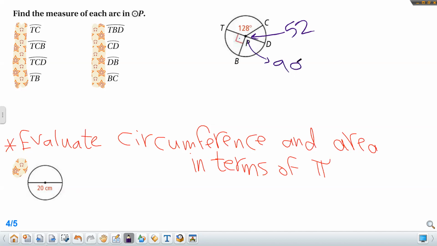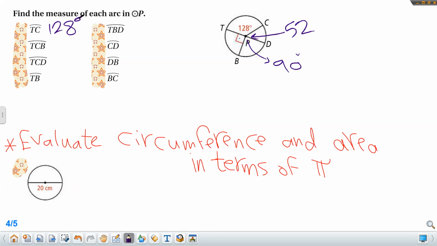Don't forget, the measure of an arc equals the measure of the opposite central angle. Number 1, the measure of arc TC equals 128. Next one, the measure of arc TBD.